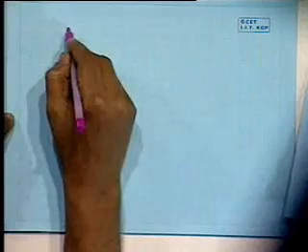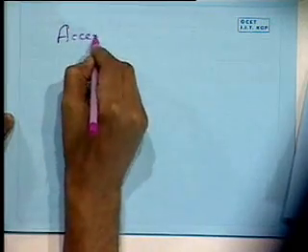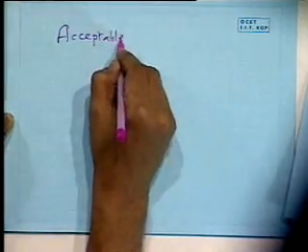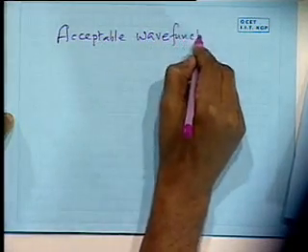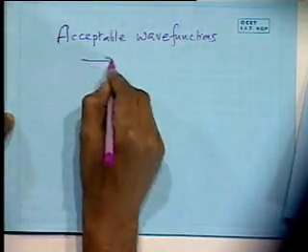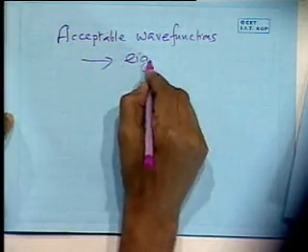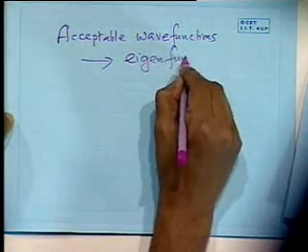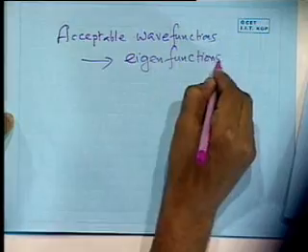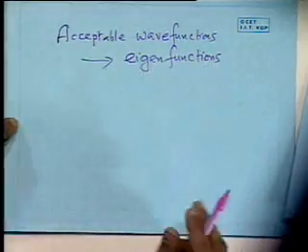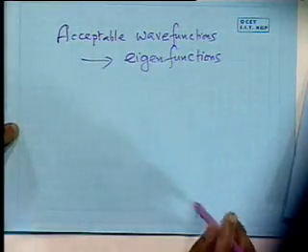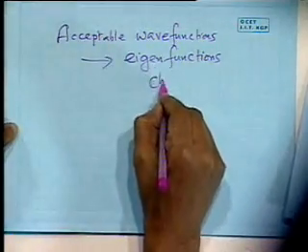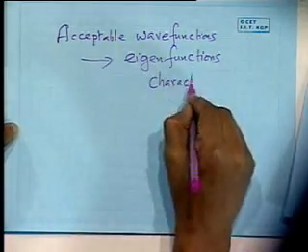Only the acceptable wave functions that satisfy these boundary conditions are referred to as eigenfunctions, or characteristic functions.